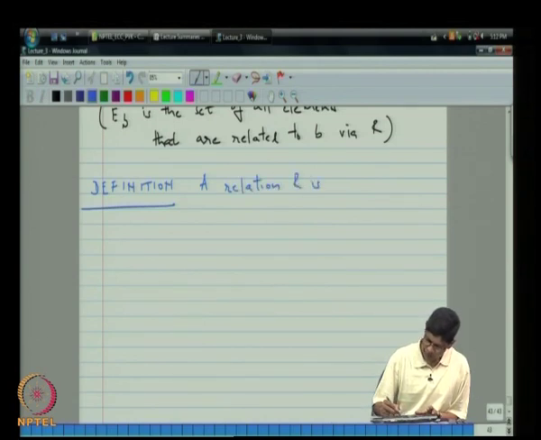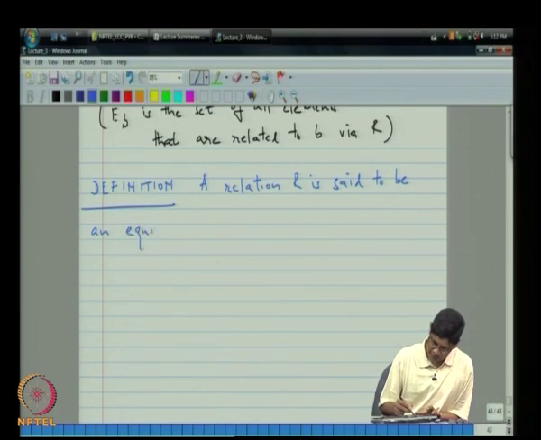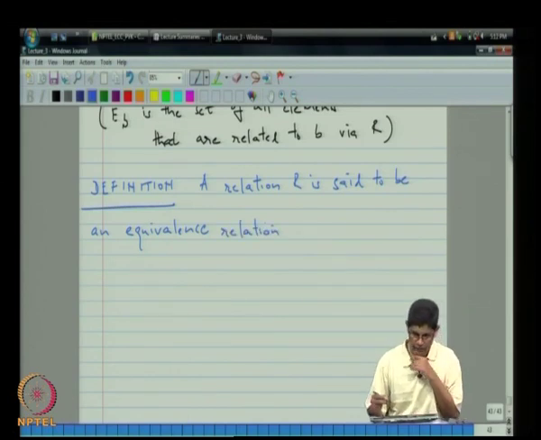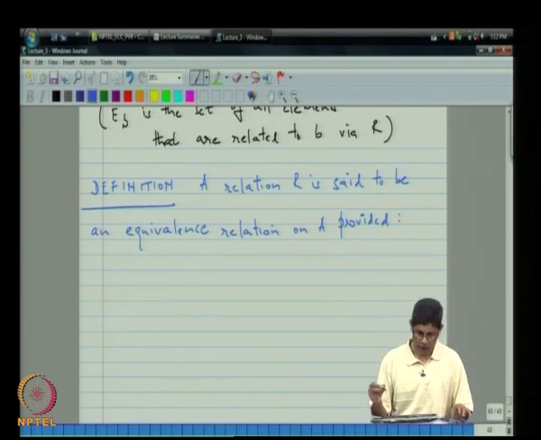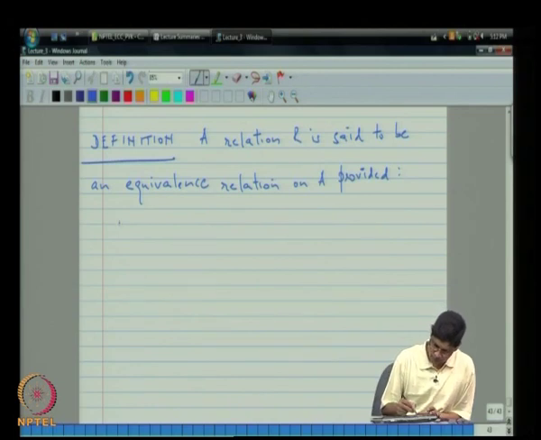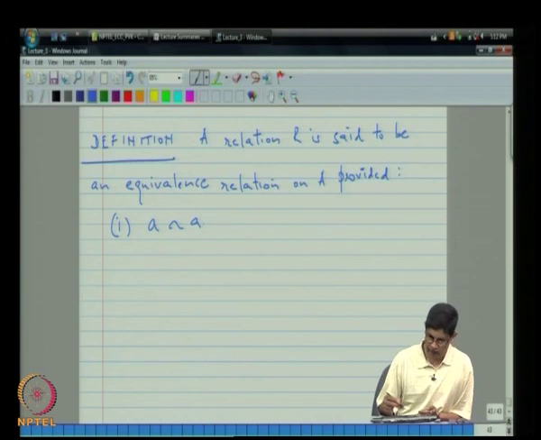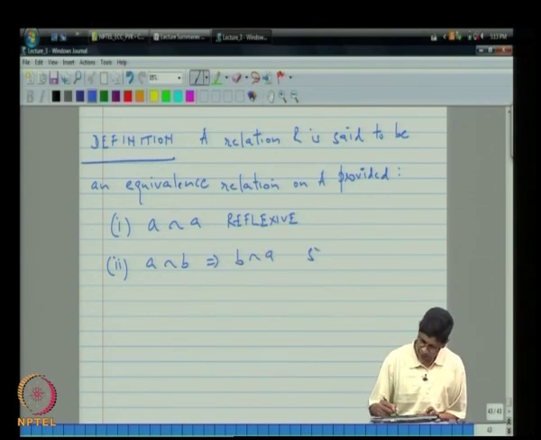A relation R is said to be an equivalence relation on A, provided that all the following conditions are satisfied, namely 1, that A is equivalent to A. This is called the reflexive property. 2, A is equivalent to B implies that B is equivalent to A. This is called the symmetry property.